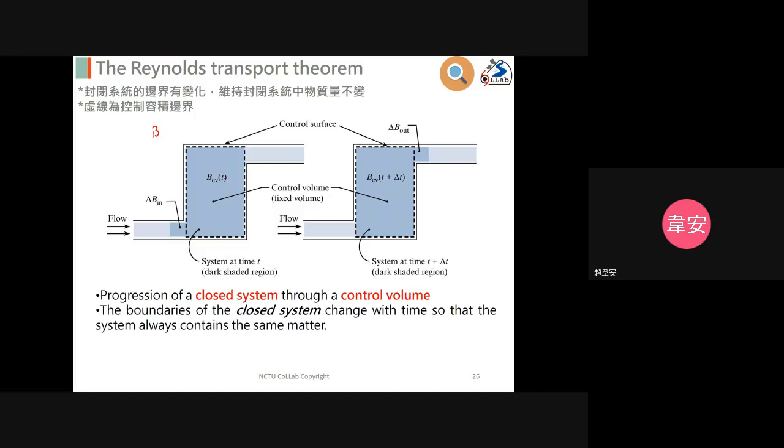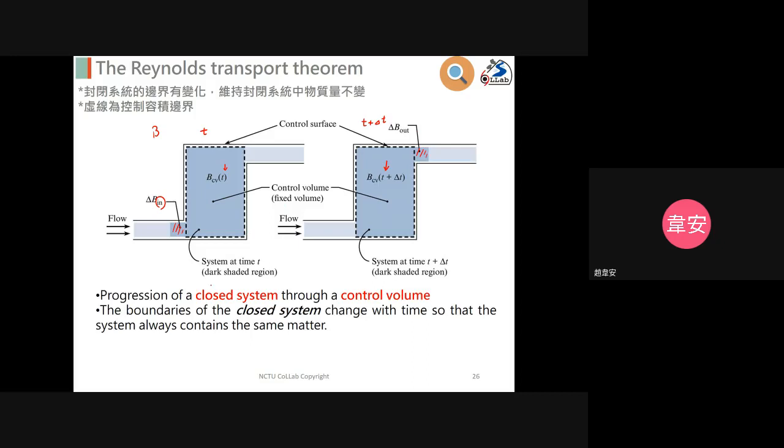This is the B CV at time T, and after delta T the B CV changes to here. At time T plus delta T, we have some extensive properties inside and some extensive properties outside.